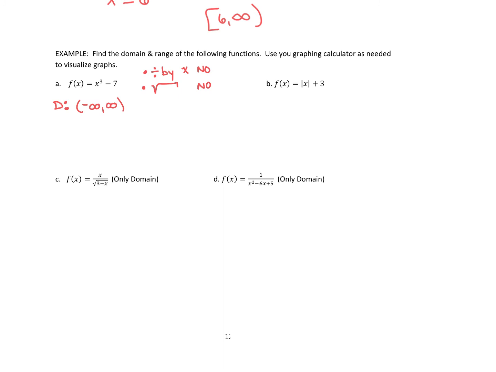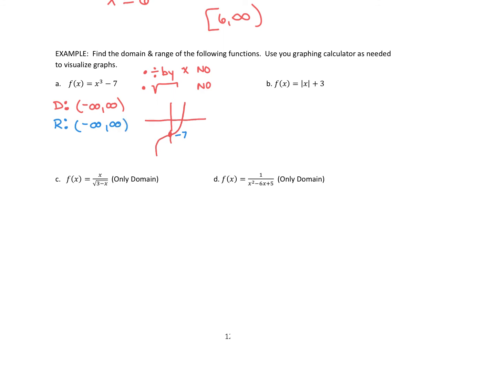Now, if we graph this on our graphing calculator, we're going to get a graph that looks somewhat like this, where this point here is at -7. But you can see that our range is also going to be from -infinity to infinity.